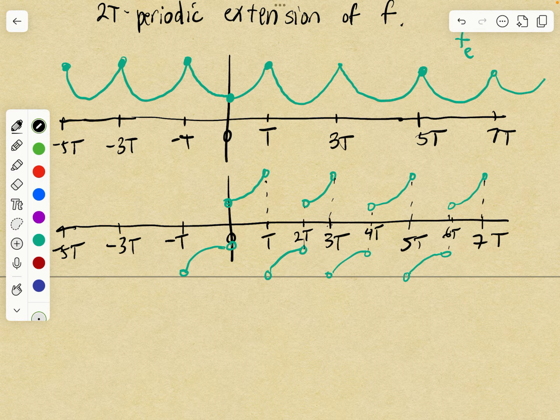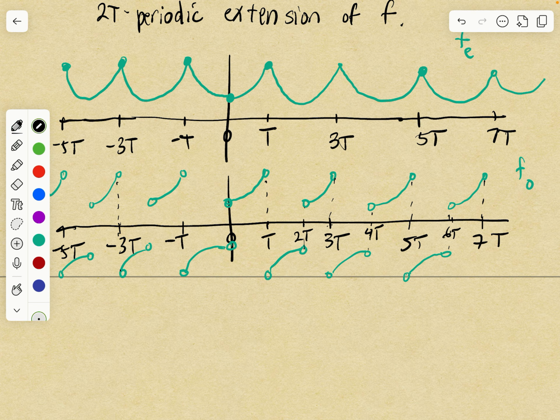And then it just goes on forever, like this. So that is the odd periodic extension f sub o.